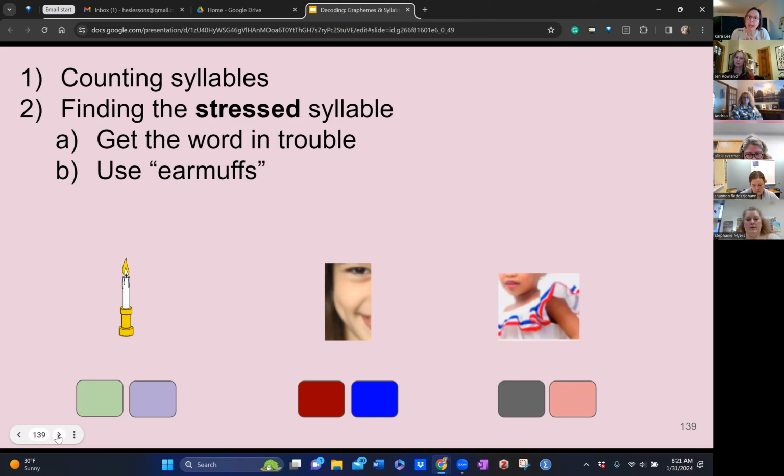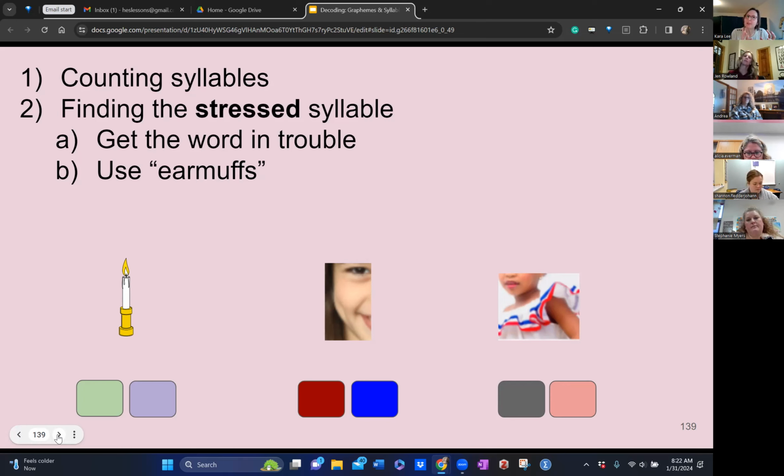Even within a compound word, one of those bases will get the primary stress, even though the other base also carries its full vowel sound. So backpack, right? I'm not going to go on a backpacking trip. I'm going to go backpacking.